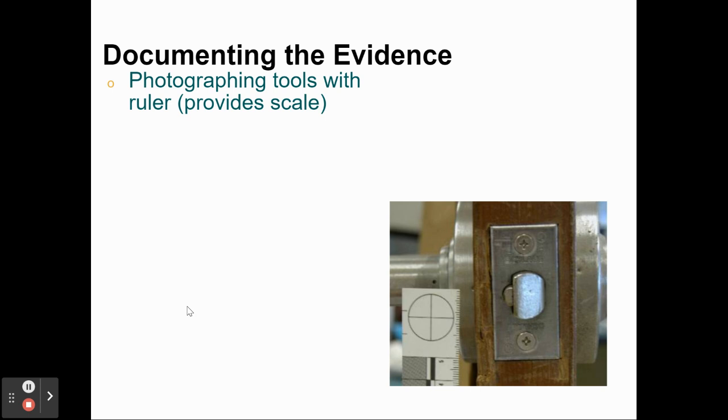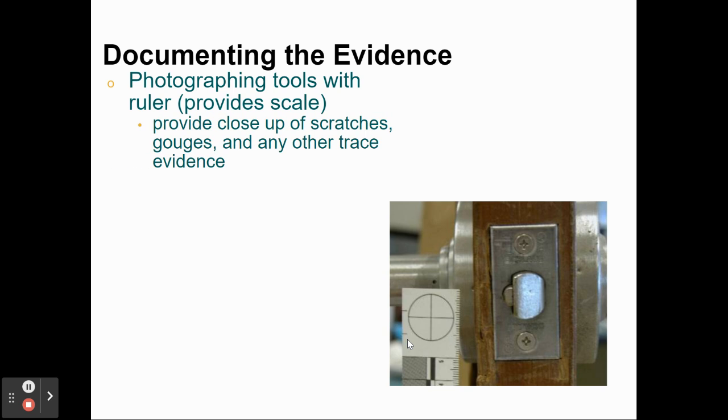Depth would be very difficult, but you can get all the other pieces of information, and you're going to include obviously a scale ruler, so that it can be used to determine the approximate size of the marks that you're looking at in the pictures. Okay, so again, in the event that it does go to trial, in the event that it is presented in a court of law, you need the information to be as accurate and reliable as is possible.